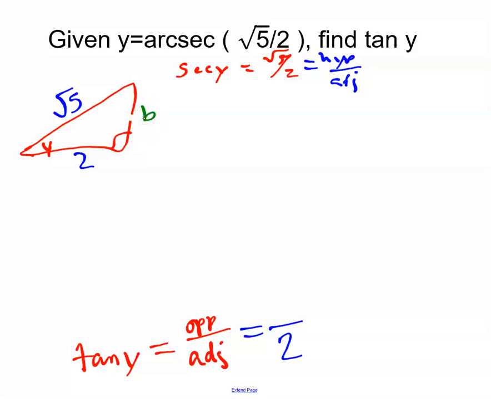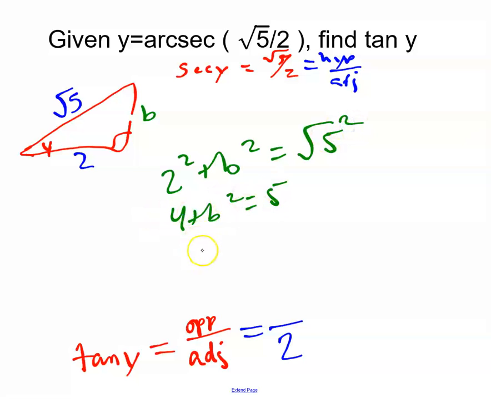For A squared plus B squared, I don't want to call it A because that might get confused with the adjacent. So 2 squared plus B squared equals square root of 5 squared. That's 4 plus B squared equals 5. Sorry, I did that right before, but now I'm getting it wrong.